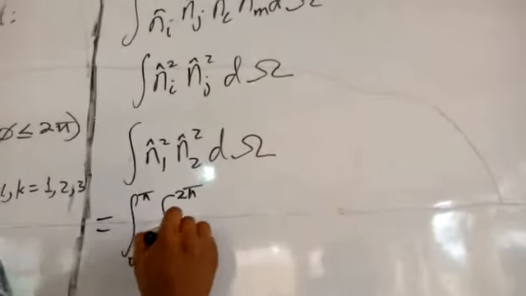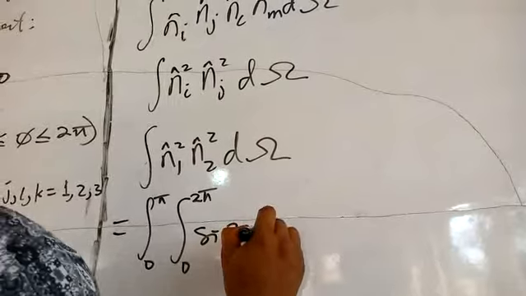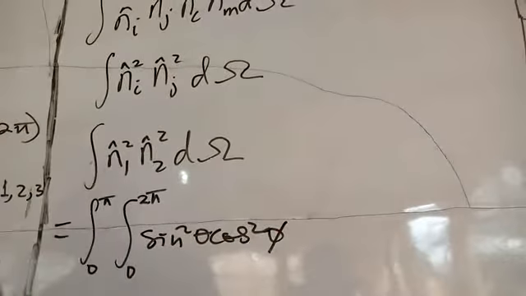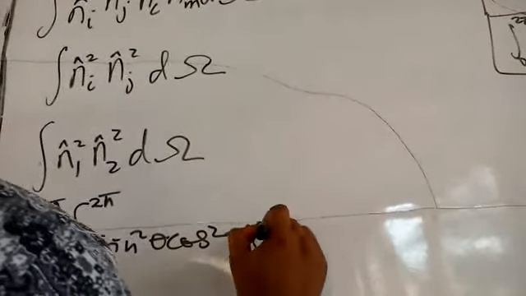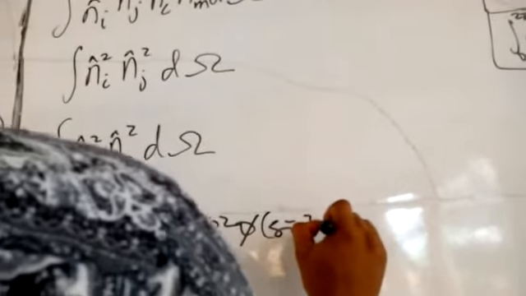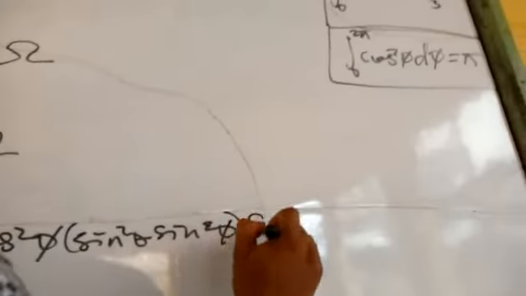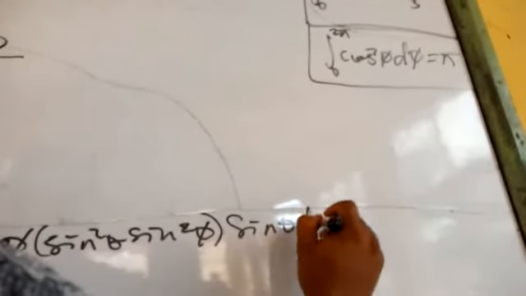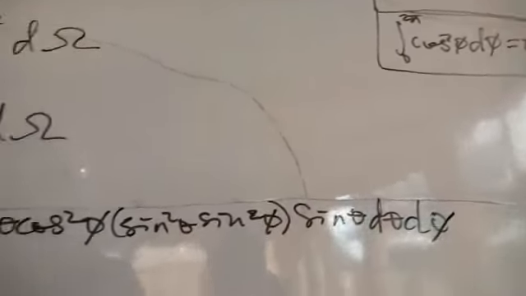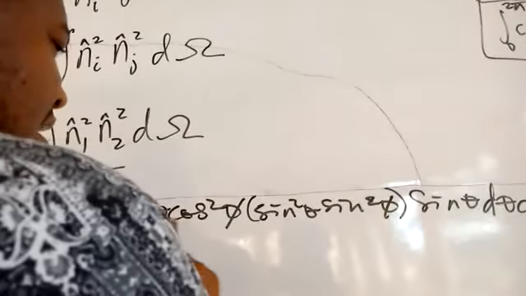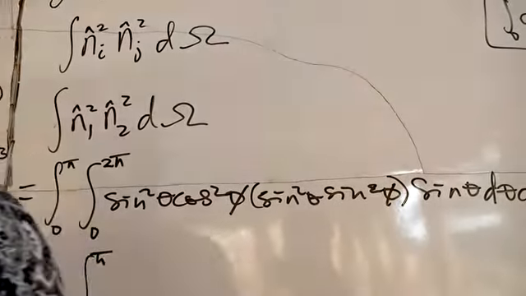So this is going to give me, first of all, sine squared theta, and that will be cos squared phi. And then what is following it is going to be sine squared theta, sine squared phi. Then, of course, there is the sine theta, d theta, d phi. I'm trying to factor this. I have a sine squared phi, and another sine theta.